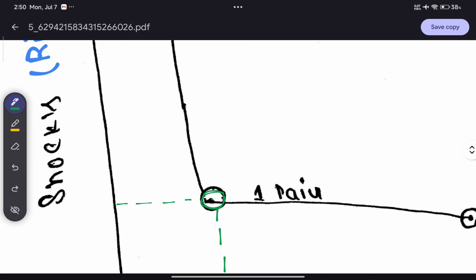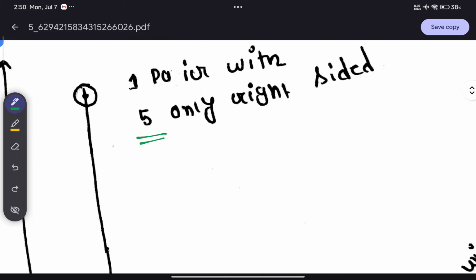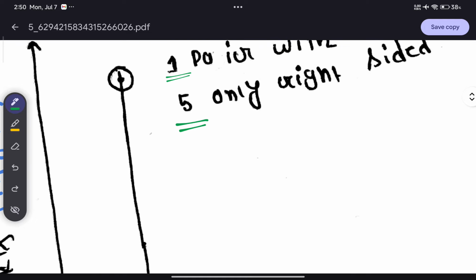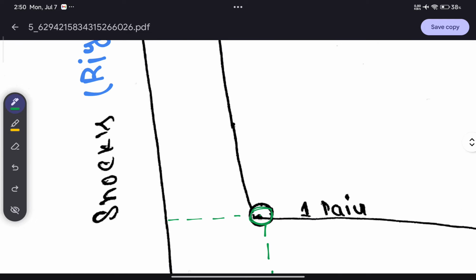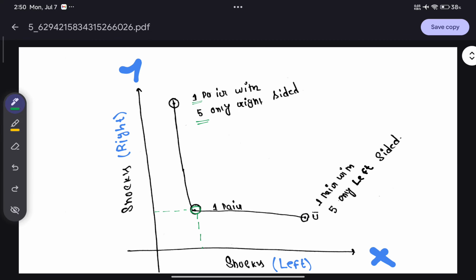Now if we already have one pair of socks and we start purchasing 5 additional right socks only, then what happens? We will have one pair of socks and 5 only right-sided socks. So we have this one pair, and we have 2, 3, 4, 5 right-sided socks.